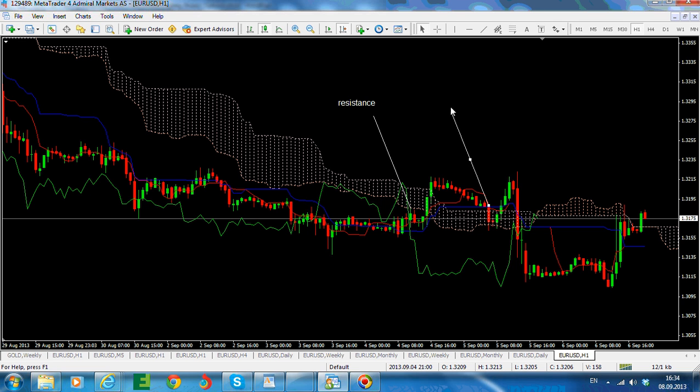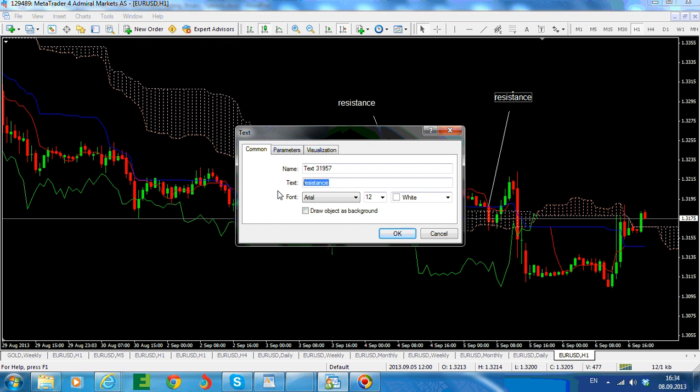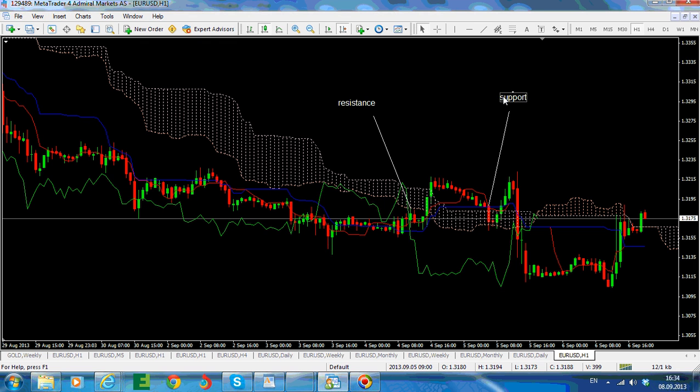As you can see, this is a support area, and price is being rejected to the upside. Both Senkou A and Senkou B treated individually should act as a support resistance area as well.